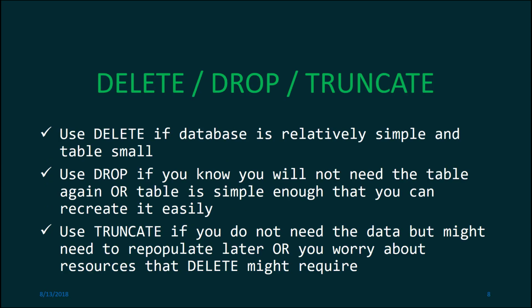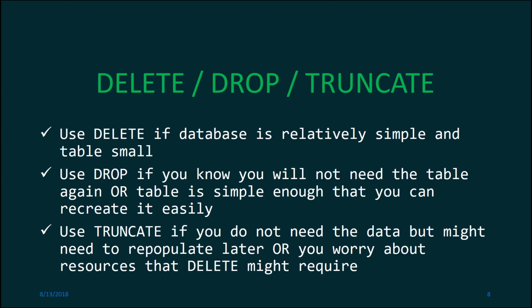All right. We have seen the three ways of removing data from tables. So let's summarize what we know and just give you a quick note of when to use them best. Use delete if the database is relatively simple and the table small.